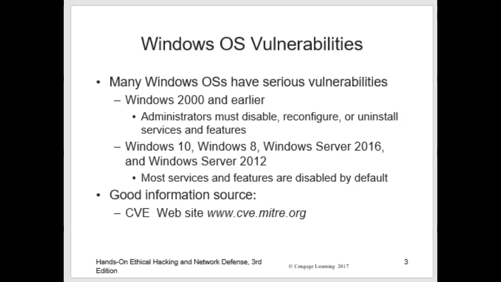To find vulnerabilities for any OS, you can first start with checking the CVE and CERT vulnerabilities websites. So you'll go to www.cve.mitre.org. The website is on the slide. Be careful how you put that in, because you might get a different type of site. It's okay, there's nothing wrong with it.